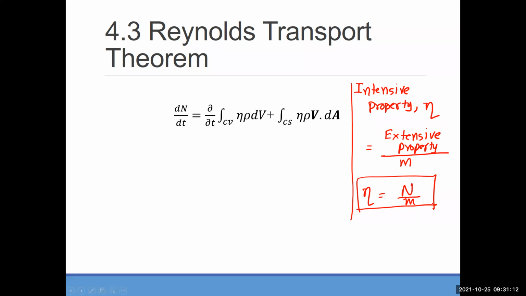And let's write down what the other parameters mean here. That is V. Okay. So tell me, what is N again in this equation? Oh, this capital N, this one. Extensive property, right?